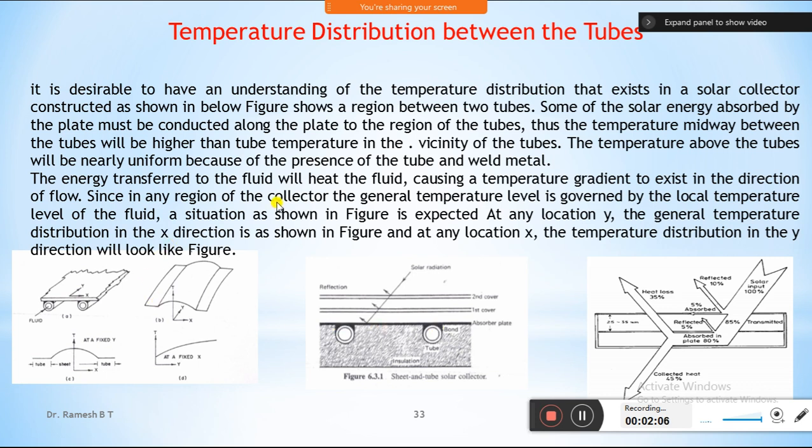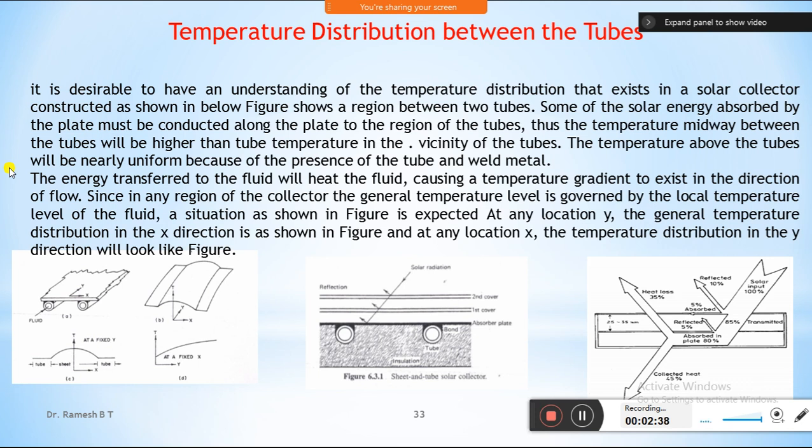It is very much necessary to understand the temperature distribution that exists in the solar collector shown in the figures. These figures consist of tubes with fluid always flowing in the tubes. Some of the solar energy absorbed by the plate must be conducted along the plate to the region of the tubes.